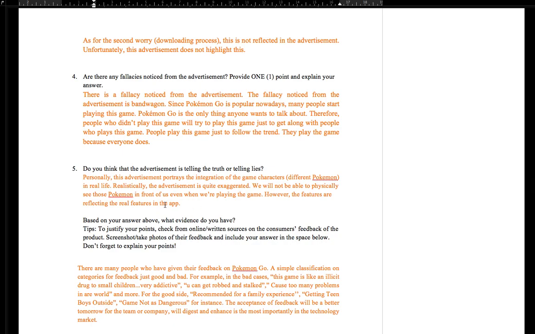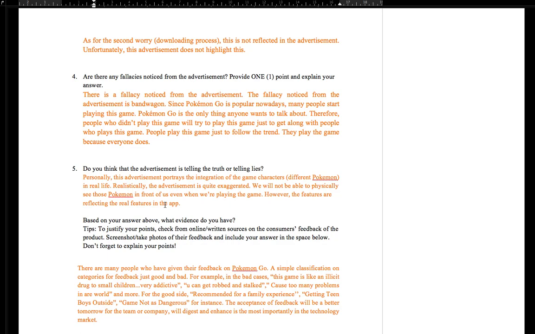Okay, so for this advert, personally, I think that this is quite difficult to fathom if you are not mature enough to be able to segregate between reality and cartoons, because obviously this game is based on a very famous cartoon called Pokemon.